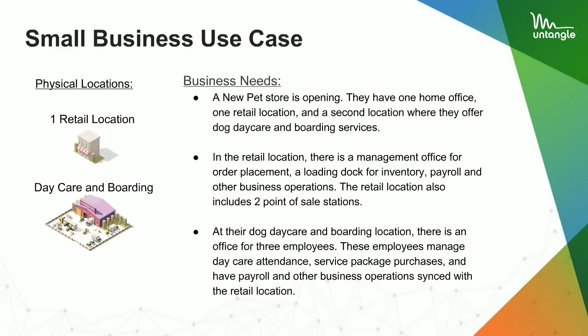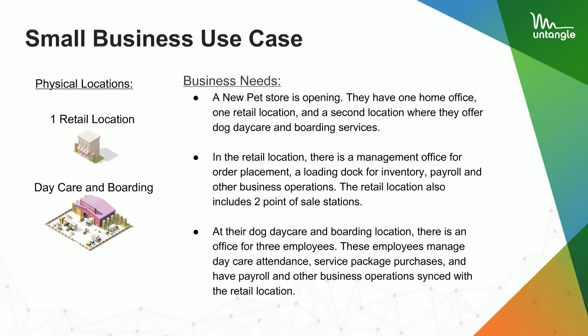All right, so let's outline the small business use case that we're going to be looking at in the demonstration. So we have a business, a pet store. They have one home office, a headquarters, a retail location, and a second location where they offer doggy daycare and boarding services.